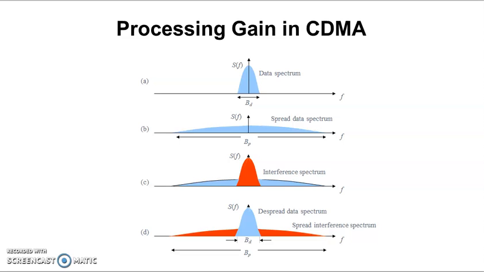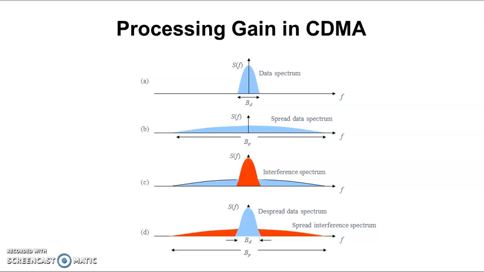That data rate, when modulated with PSK, has a null to null bandwidth. If this data is superimposed on a PN sequence, suppose the PN sequence rate is Rp, the resulting signal is spread over a bandwidth, which is the null to null bandwidth for a PSK modulated PN sequence.